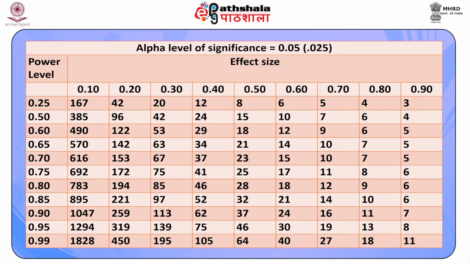The desired power is 0.80. Considering these numbers, the sample size can be estimated using the table. The table shows that a sample size of 85 is required to be likely to detect a medium effect of 0.30 at a power level of 0.80.